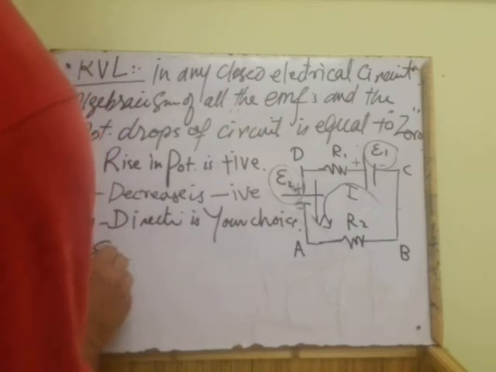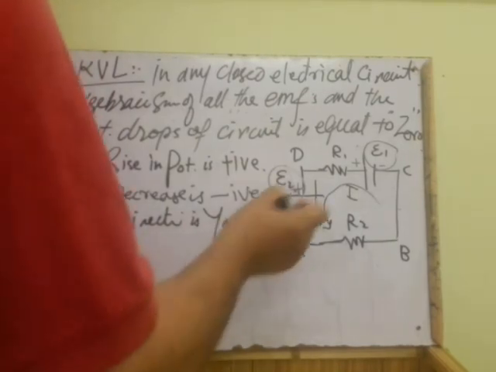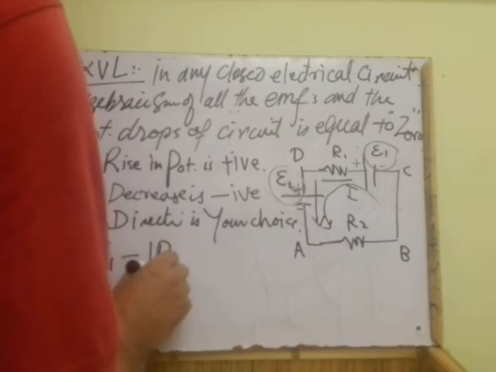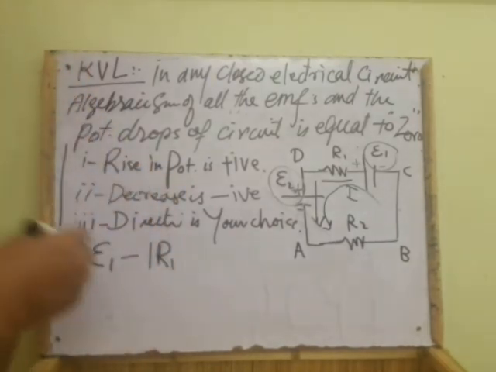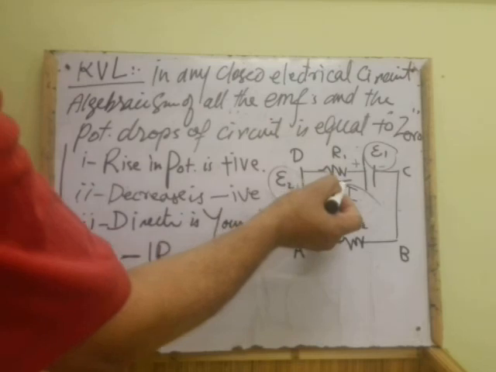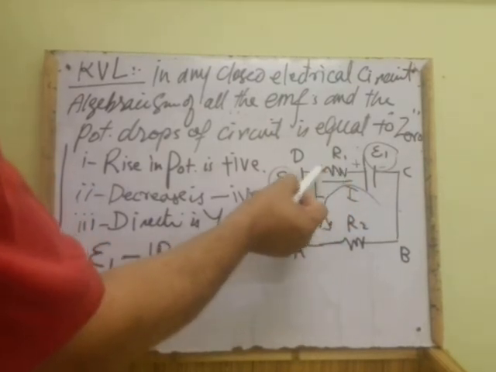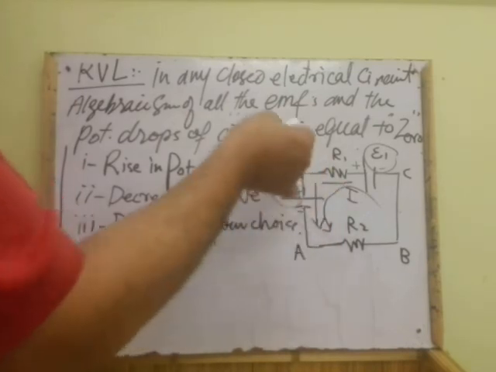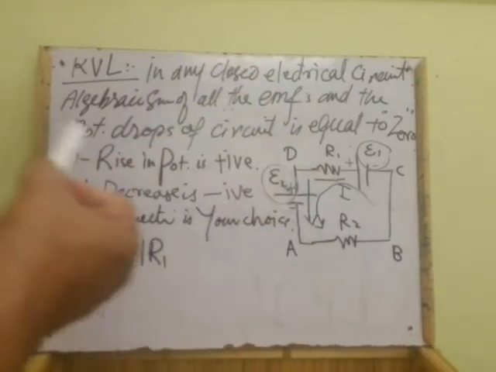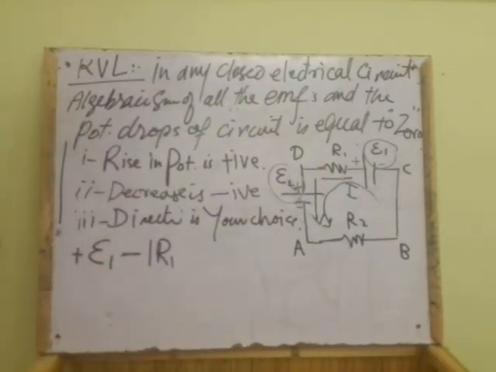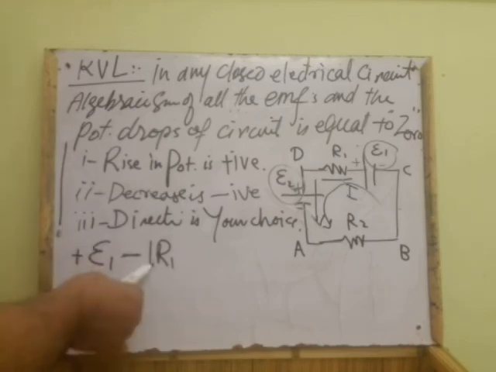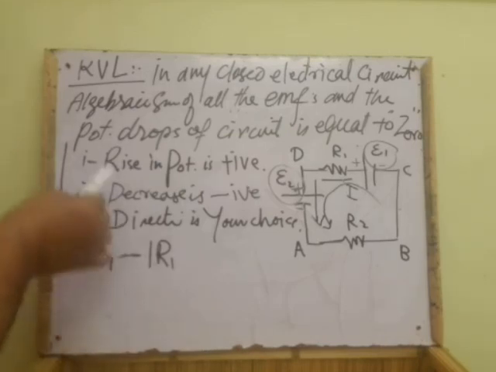E1 positive minus IR1. Why have I taken this minus with IR? This is a resistance and the current is flowing through this resistance, so this is actually a potential drop. Potential drop basically decreases the electrical energy, so that's why you always take IR as negative.